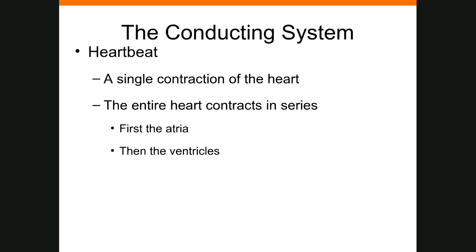This is why when one cell contracts, all the cells contract at the same time, in a series. So those gap junctions not only hold the cells together, they also propagate the action potential and allow communication. We saw this earlier on a slide.